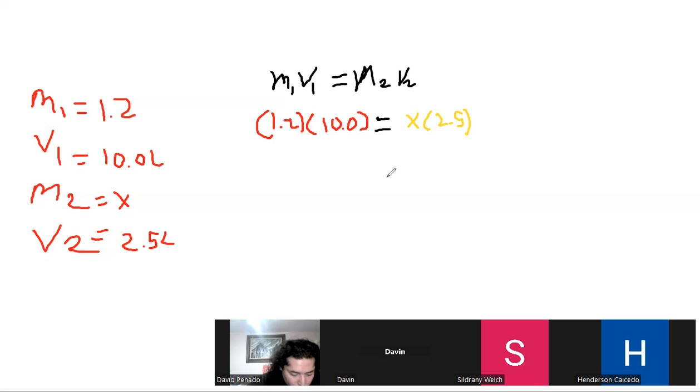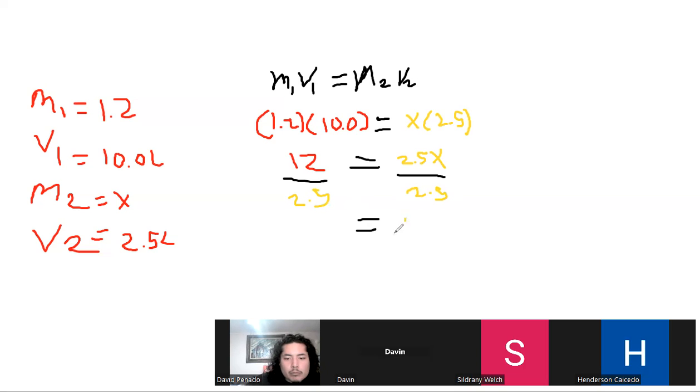1.2 times 10 is 12. And then we divide by 2.5. 12 divided by 2.5 is 4.8.